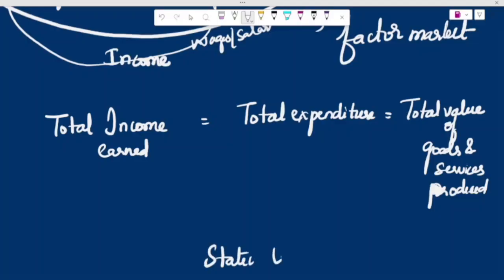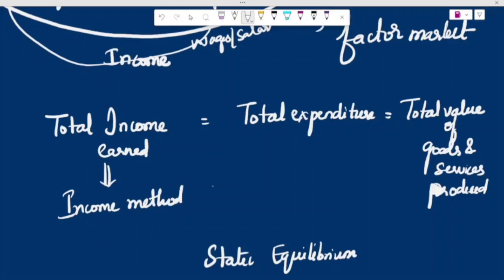If you count total income earned, it is called the income method. If you count total expenditure, it is called the expenditure method. And if you find out the total value of goods and services produced, then it is called the production method.